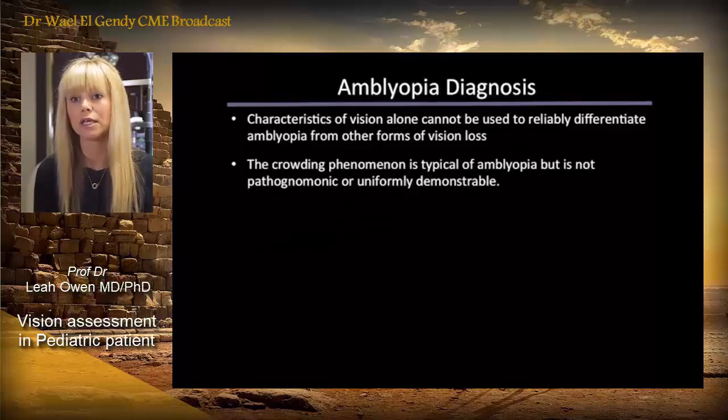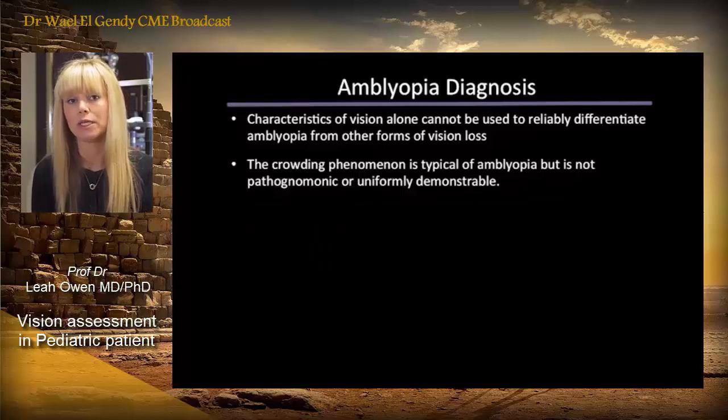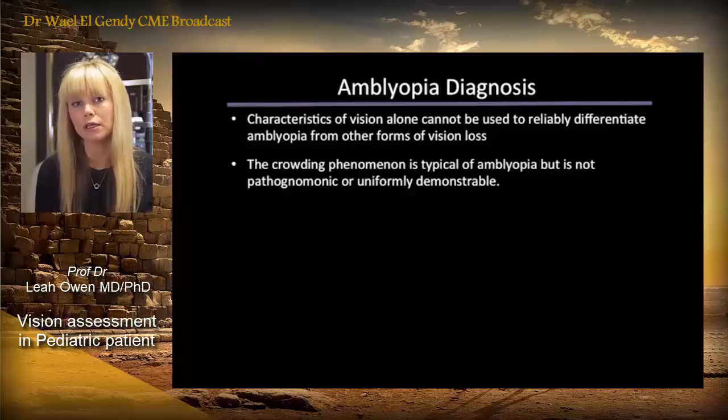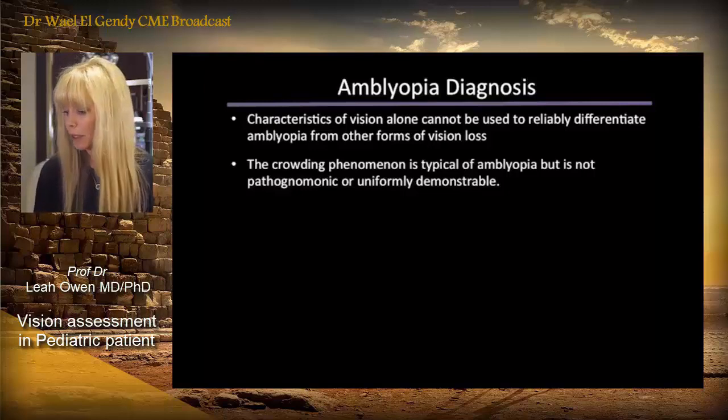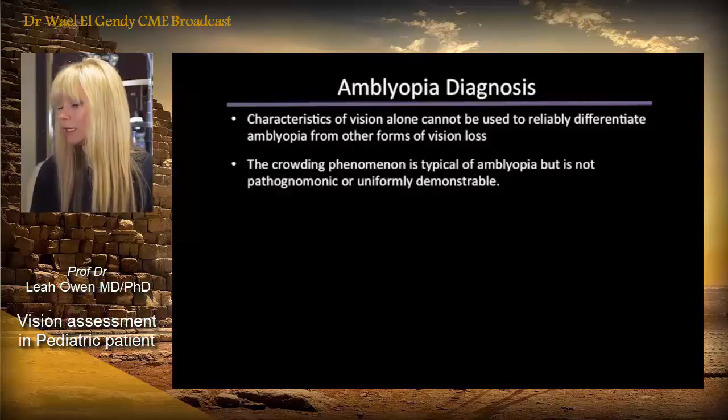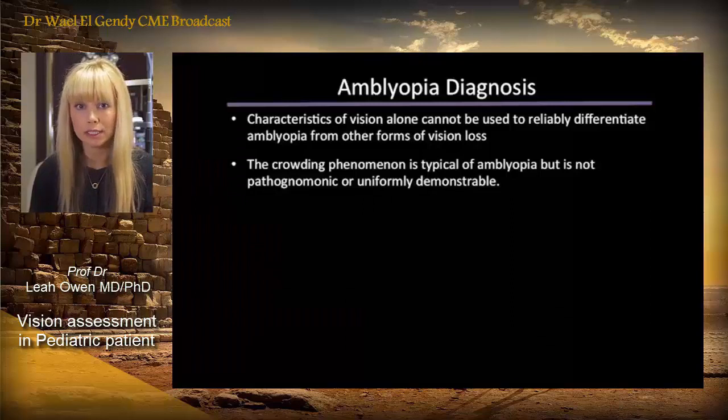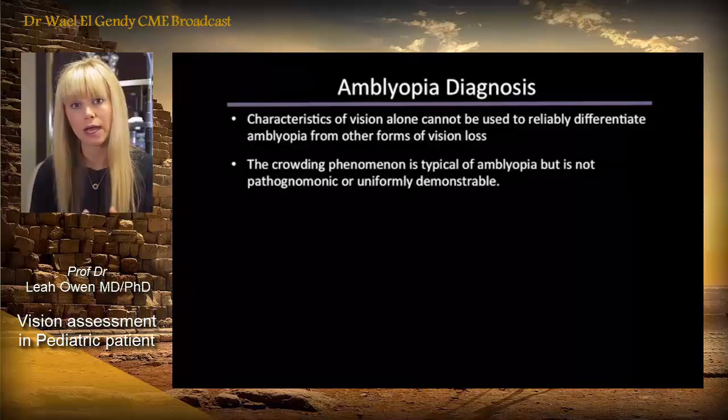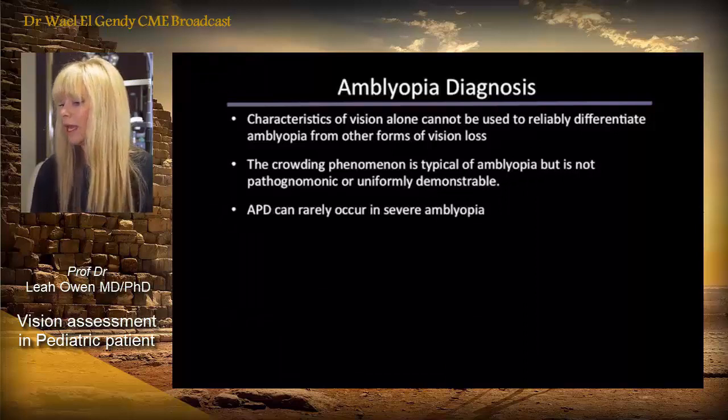If a child's visual acuity decreases when crowding bars are placed around the image you're asking them to read, either the HOTV, the Leah images, or the Snellen acuity chart, if their vision decreases with the crowding bars, that's suggestive of amblyopia. But it is not uniformly seen, so if they don't have that present, you can't absolutely say they don't have amblyopia.